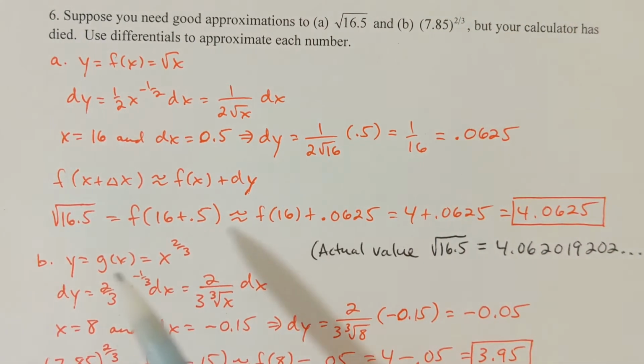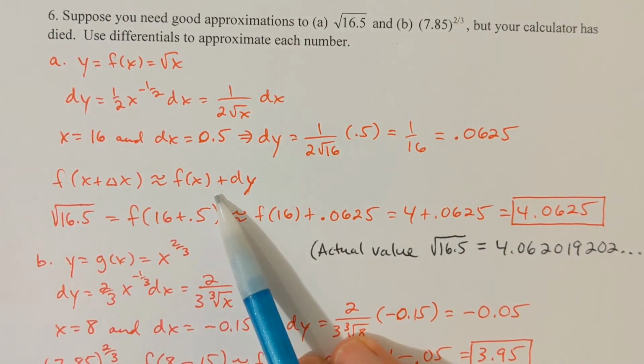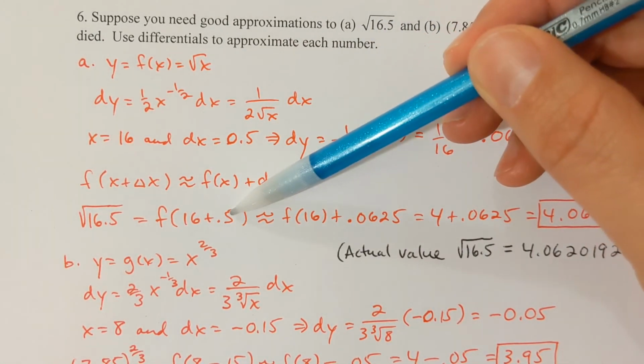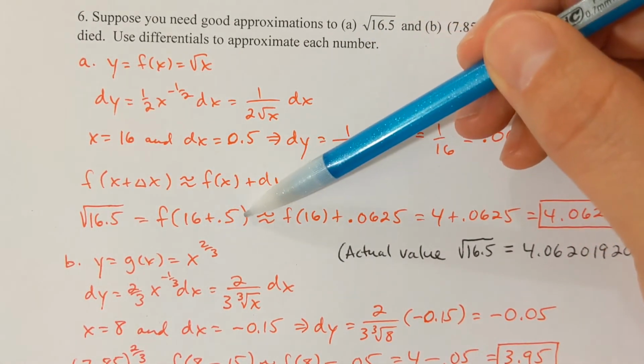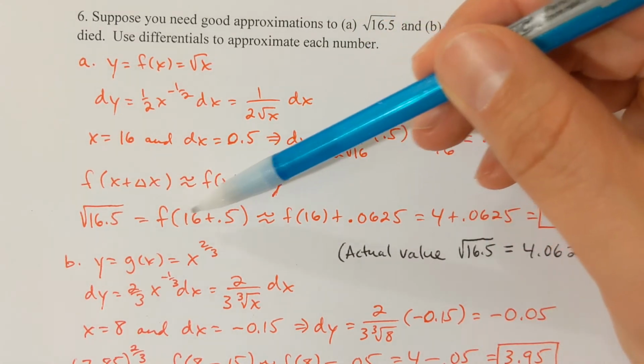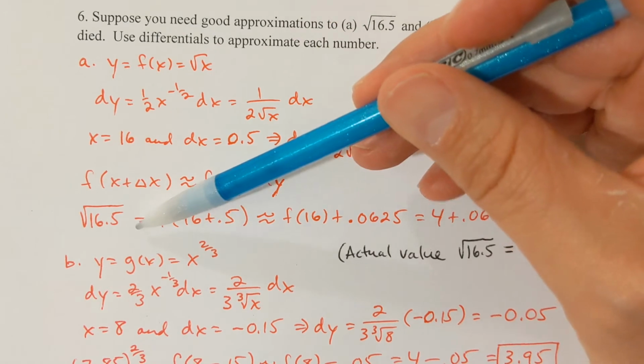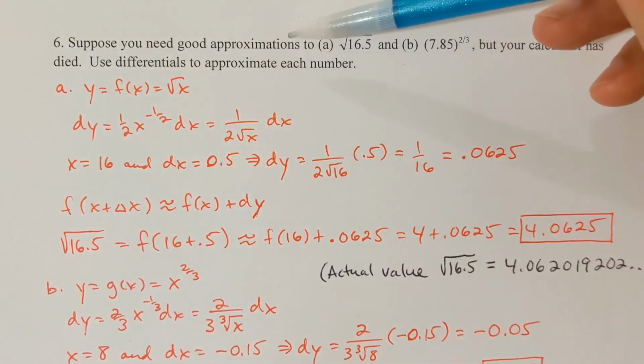So yeah, I'm using that formula. I've written that again. And x is 16, delta x is 0.5, right? Because if I take 16 plus 0.5, I get 16.5. f of 16.5 would be the square root of 16.5, and that's what I'd like to approximate.